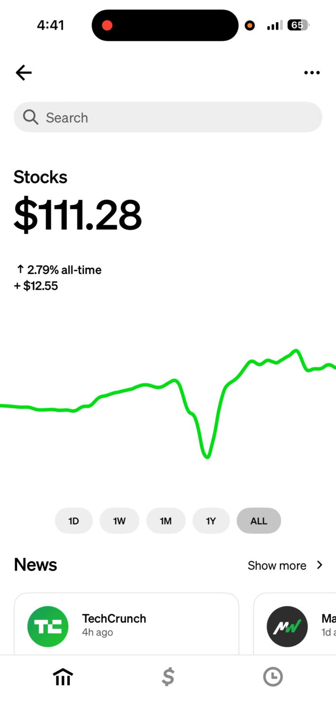So for those that are new to investing, you may be asking, well, what is investing? How do I invest? Well, investing is basically putting your money into something that's going to allow your money to grow over time. Sometimes you can invest in your education.